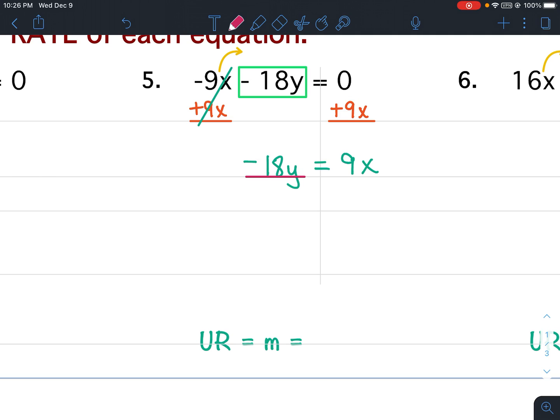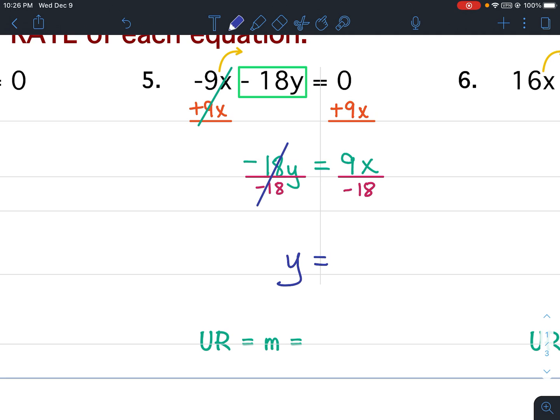Divide both sides by the number, because we're solving for y, so it's the number with y that we want to divide by. So I'm going to divide both sides by negative 18.